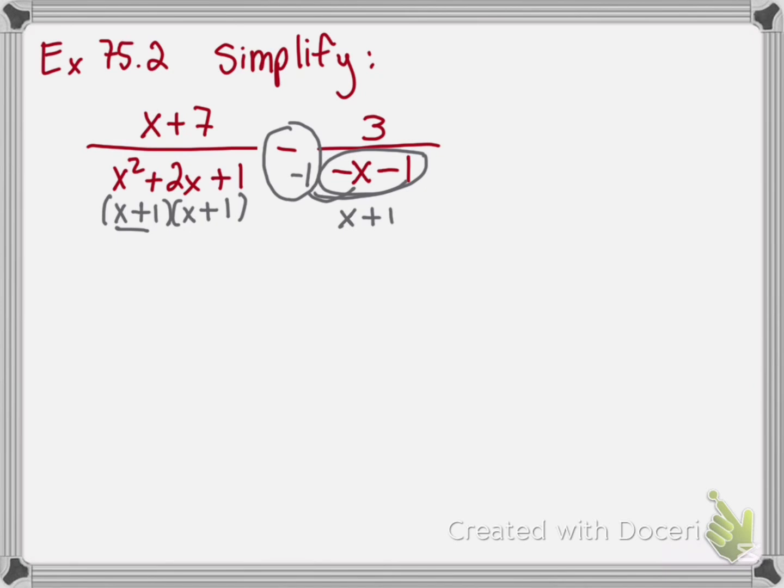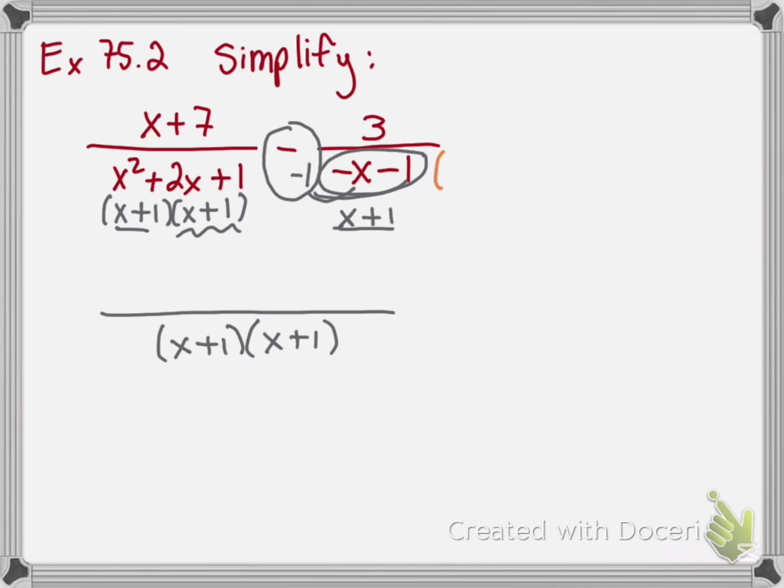Okay, so the common denominator that we want, again, is x plus 1 times x plus 1. Remember, we choose what is common. So the first one is the x plus 1 that is common. And then the x plus 1 that is not common, we also put it in our common denominator.